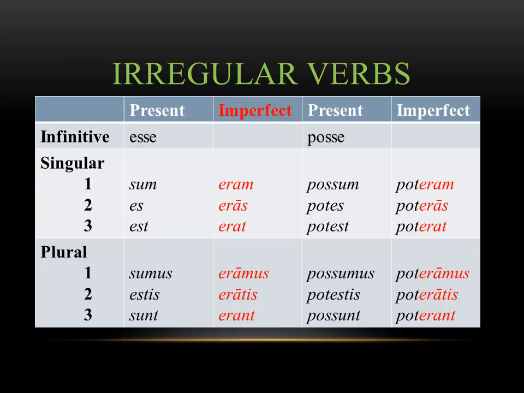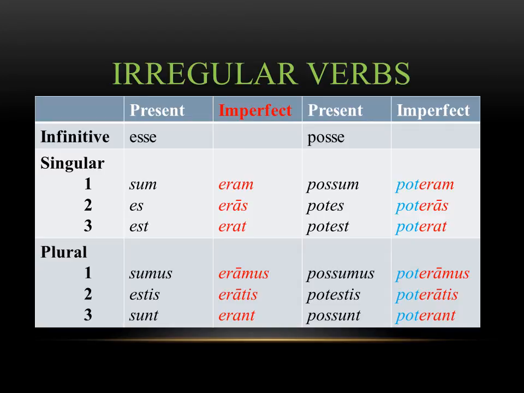So again, look at the imperfect of these two verbs. The imperfect of posse is just taking that stem of POT and adding on the imperfect of esse. So in other words, eram means I was. To say I was able, we take that eram and we put the stem of POT in front. So if you look, the imperfect of posse is that POT stem, and you'll notice this is the same for all 6 of our persons.